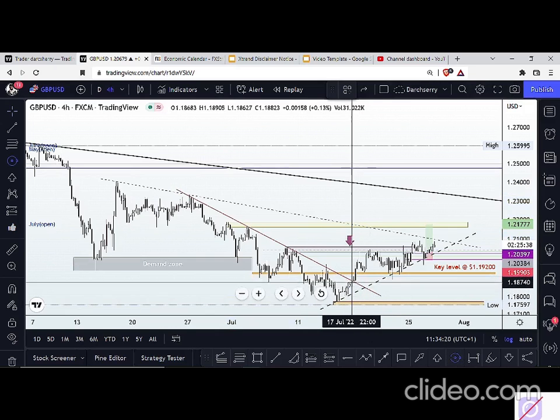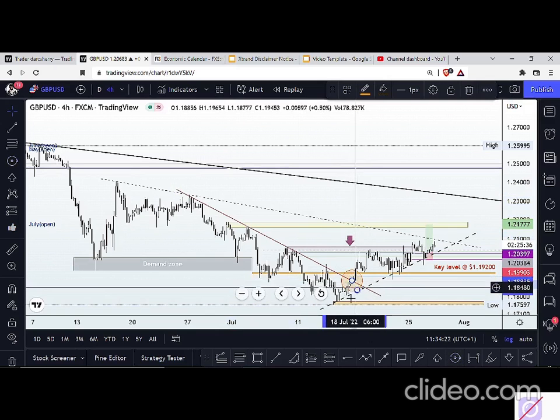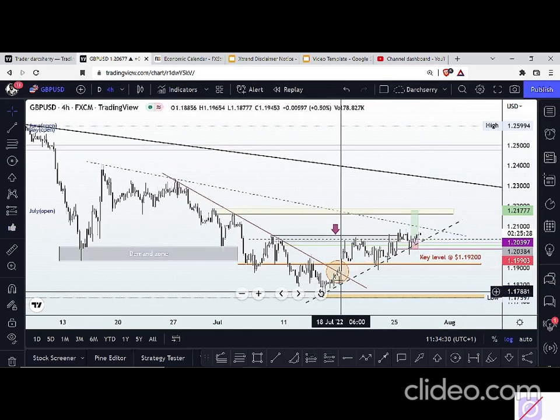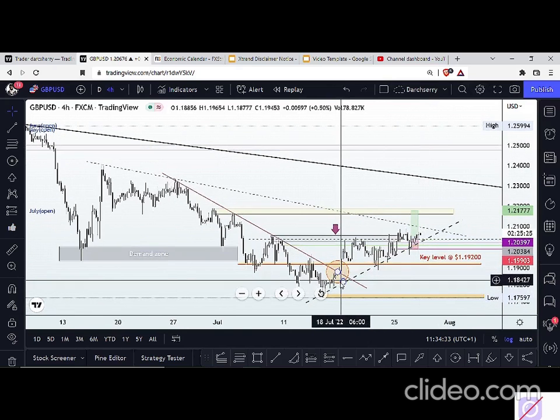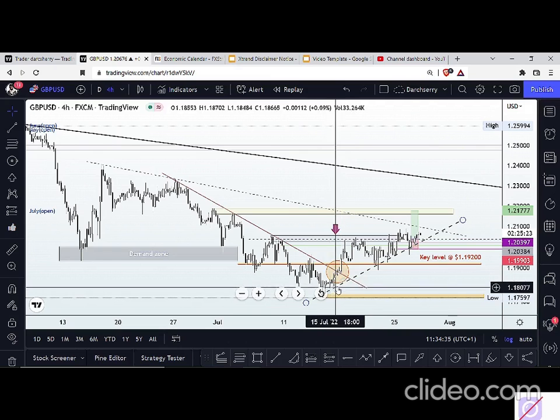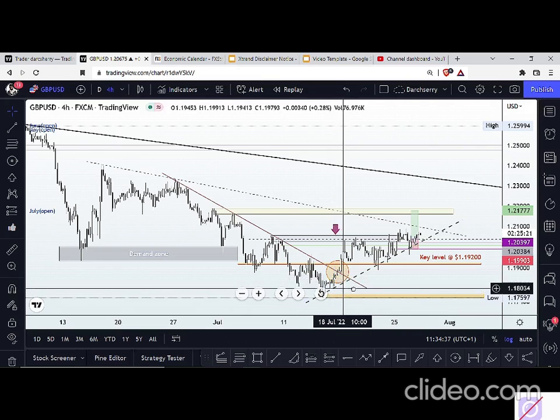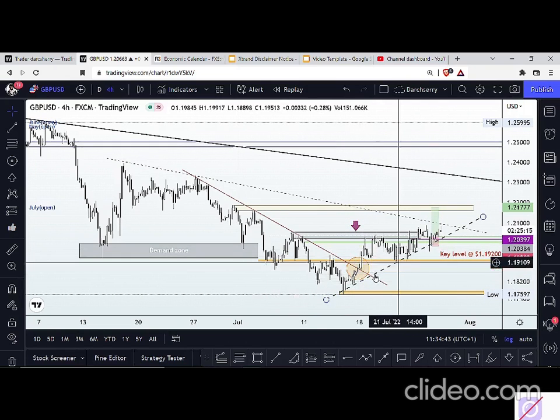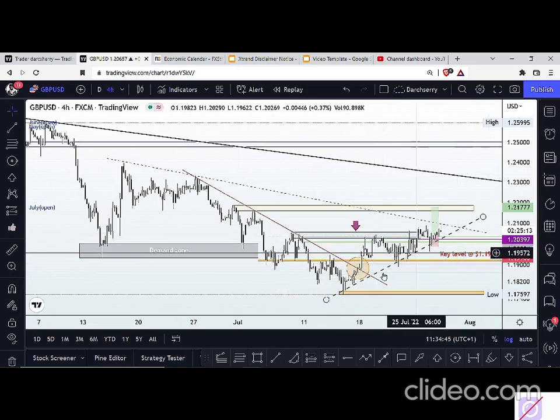We saw the breakout of that structure, giving us a clue into the inability of sellers to continue to trend below that trend line. And since the 15th of July, we saw our price has started to respect a bullish trend line. So I was able to identify a bullish trend line here for us to guide our action for this week.